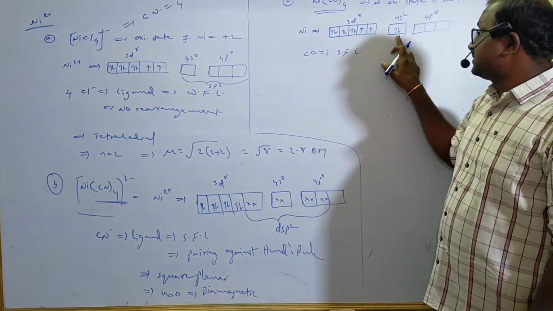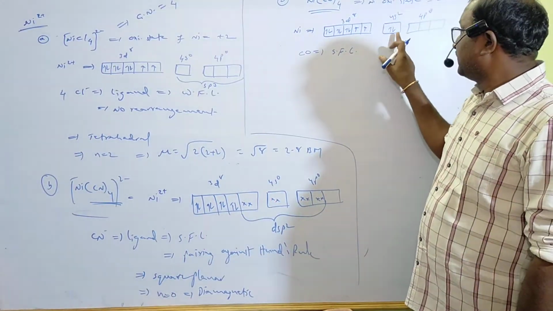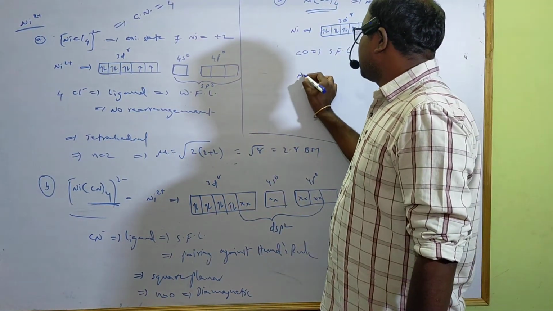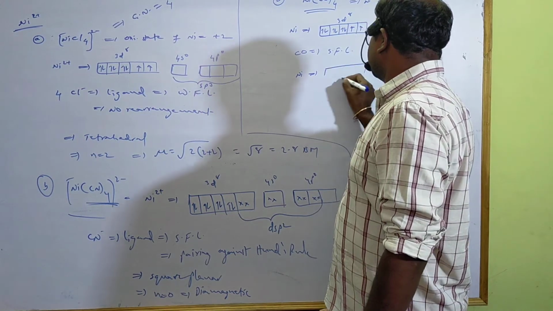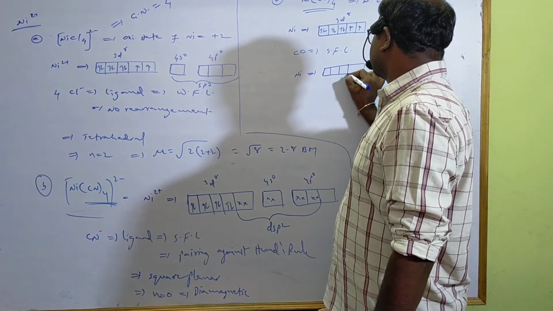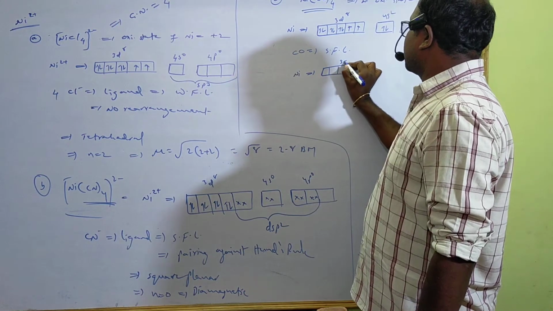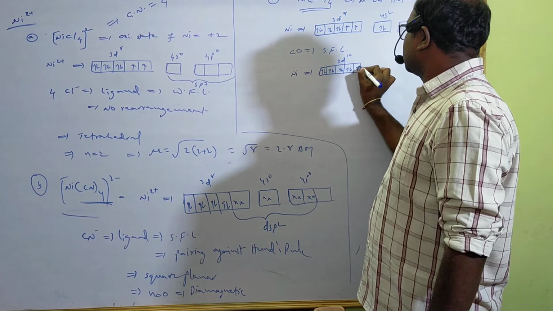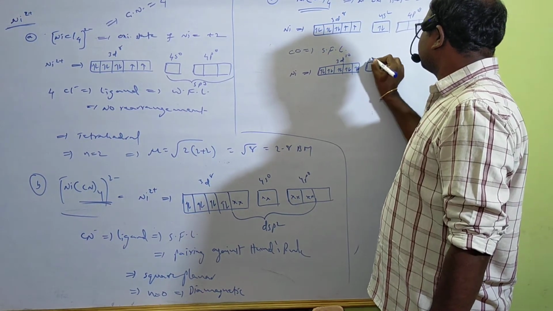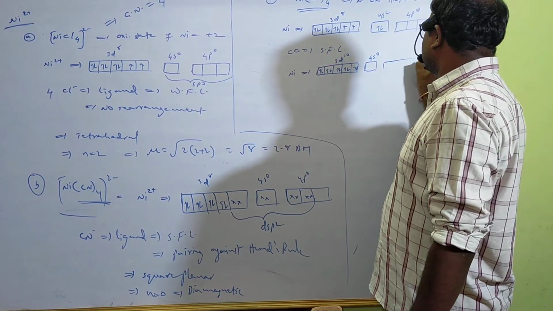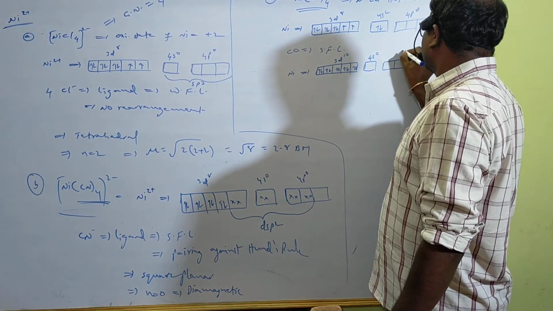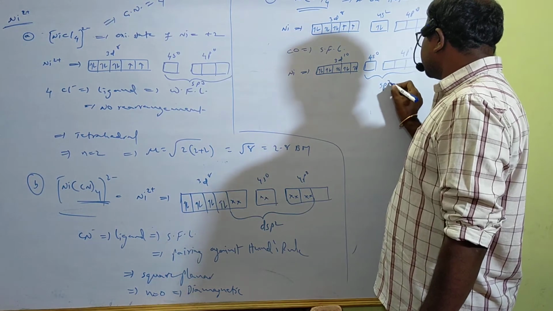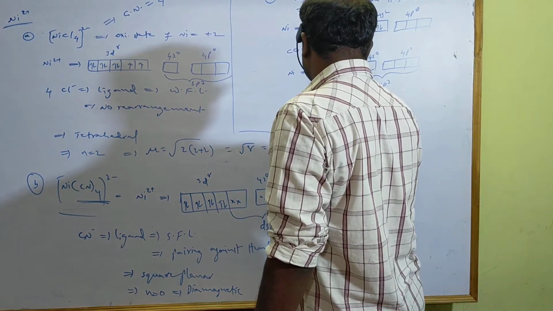Means these electrons of 4s will pair up with 3d. Then in nickel the electron arrangement becomes 3d10, all pairs, and 4s0, no electron in s orbital, then 4p0. After that it undergoes sp3 hybridization.